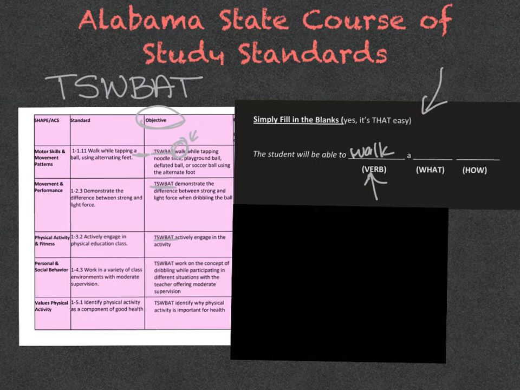Walk while tapping noodle slices, playground ball, deflated ball, or soccer ball. He listed a bunch of things. So, walk this, and then how is he going to walk? Using alternating feet. So that is his complete sentence for his objective for Anchor Standard 1.